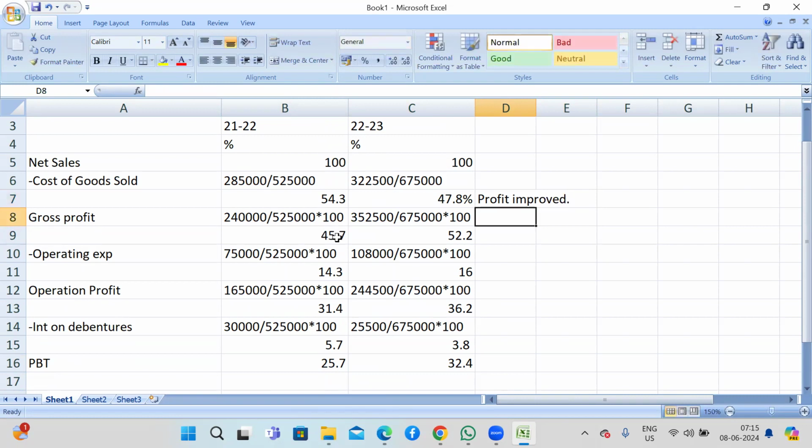But here what happened, COGS also declined, right? So 54.3 to 47.8 percentage. So COGS also declined.